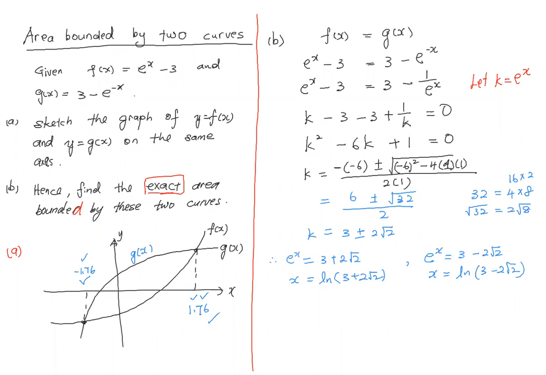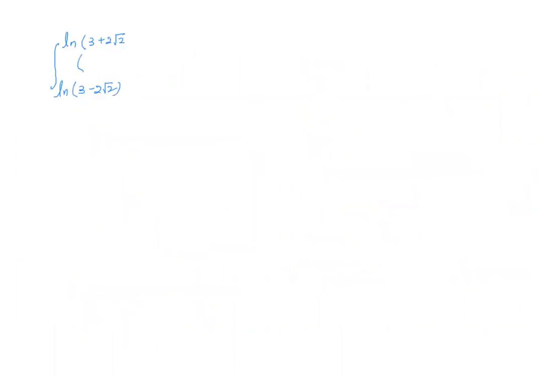So you write it down. 3 minus e to the power negative x, take away e to the power x minus 3, dx. So you simplify it.